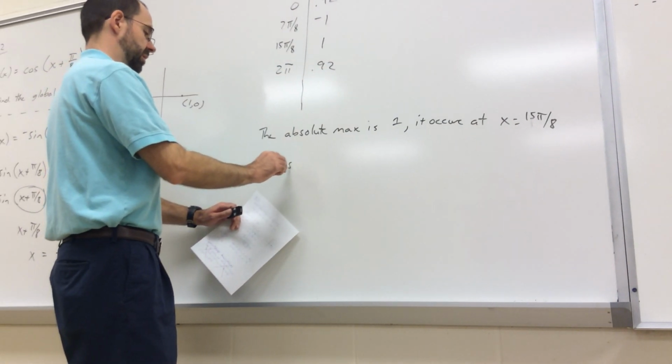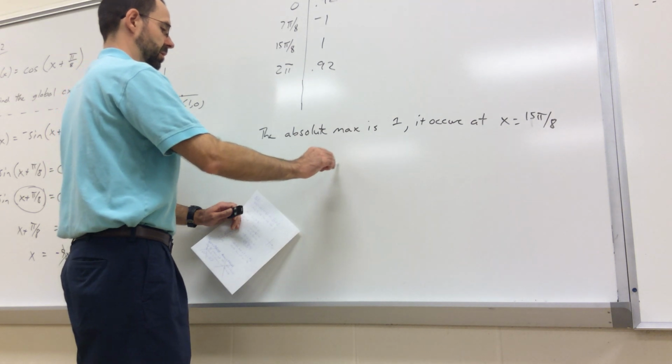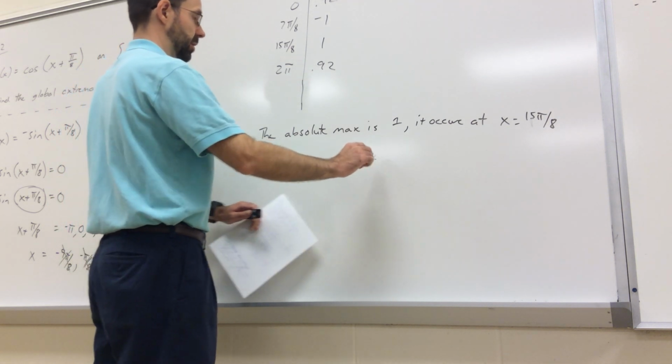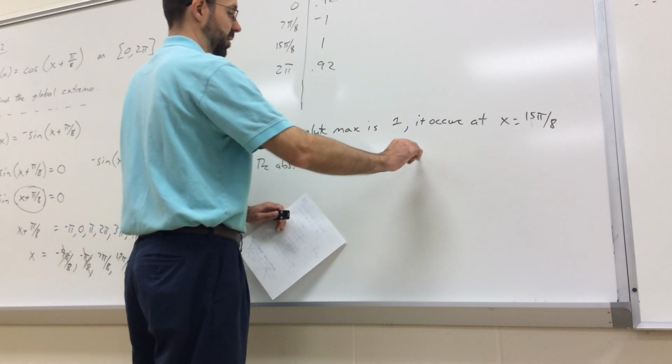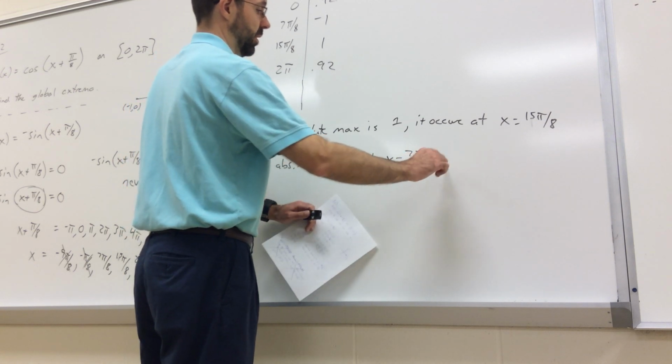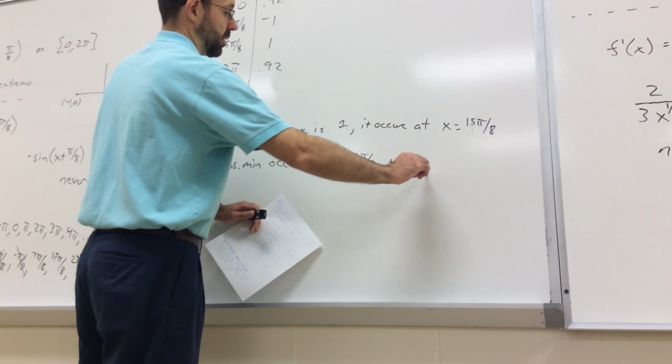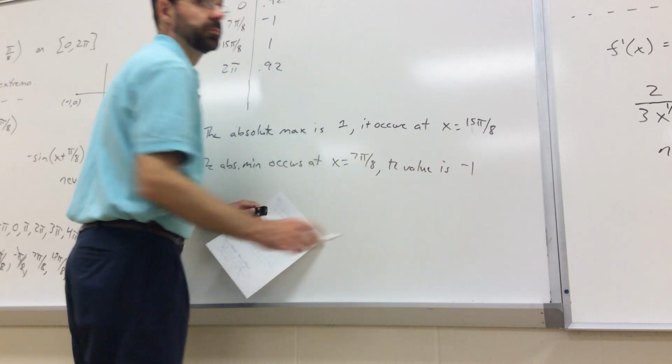And the absolute min occurs at x equals 7 pi over 8, and the value is negative 1.